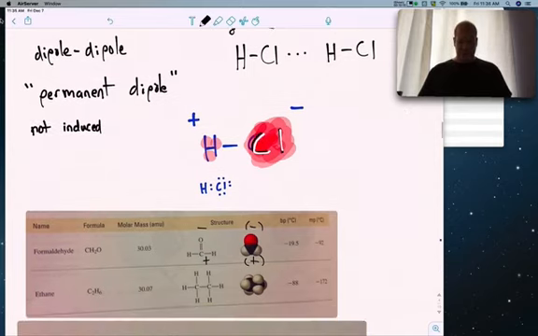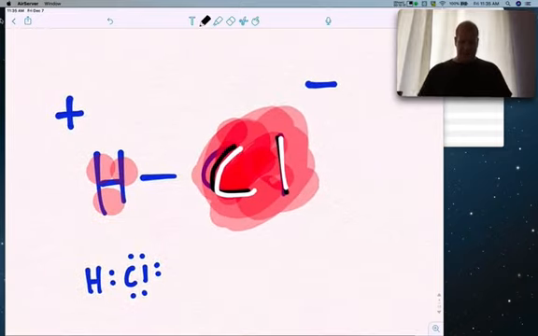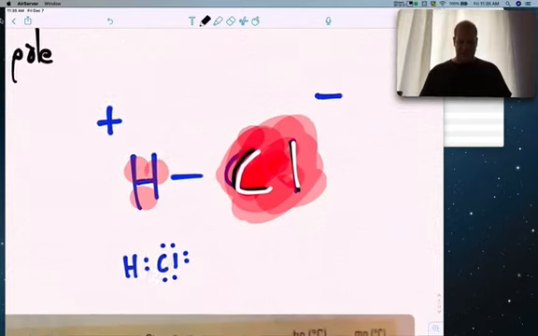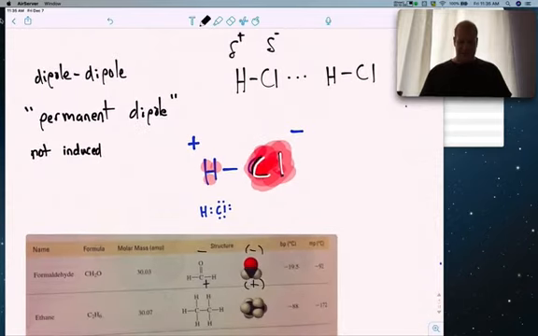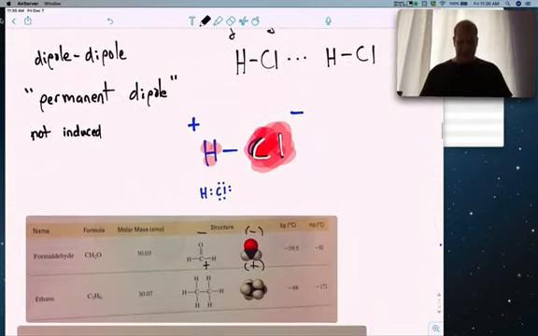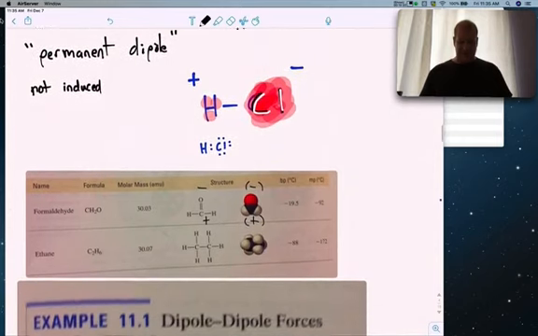I'm trying to draw this here with the electron cloud, here drawn in red. You can see a little bit of electron density on the hydrogen, but that chlorine acts like an electron vacuum cleaner, drawing a lot of electron density away from hydrogen, making it a very polar covalent bond in a polar molecule.